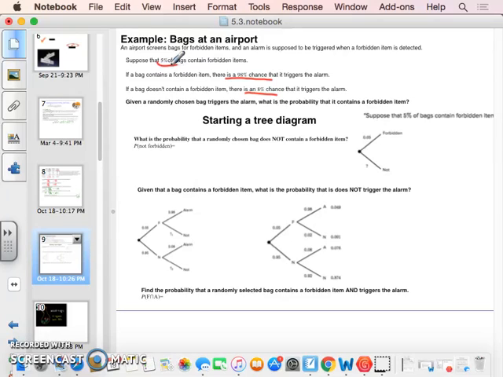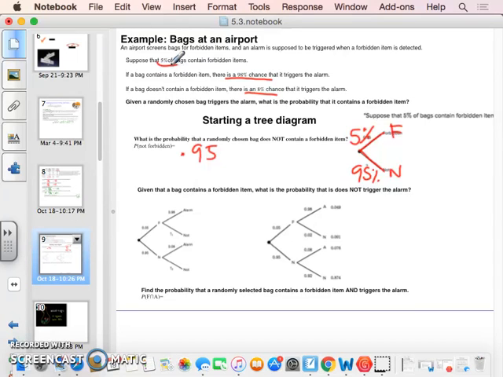So we're going to go ahead and start with a tree diagram, and I'm going to call this forbidden, and this is not forbidden. So the percent chance that it is forbidden is 5%. So that means that there's a 95% chance that it's not forbidden. So this would be 0.95, or you can write it as 95%.